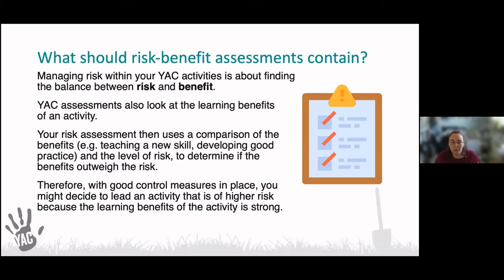So a risk benefit looks at the learning benefits of the activity. It uses a comparison of the benefits, so that might be teaching a new skill, developing good practice, and then the level of risk.